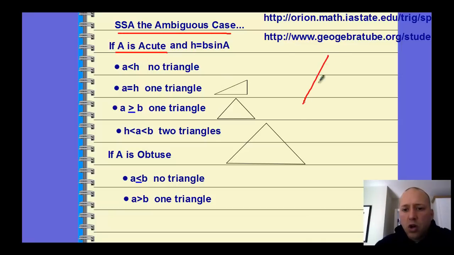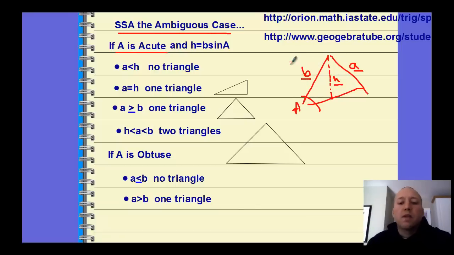So if I draw my normal setup, I'm always putting the angle I know here, so we're calling that A in this picture, and then the side I know here, and then the other side b, and then we have our height. So we're comparing A to h to b, if it's set up like this. Now realize that the given information may not be angle A and side a.